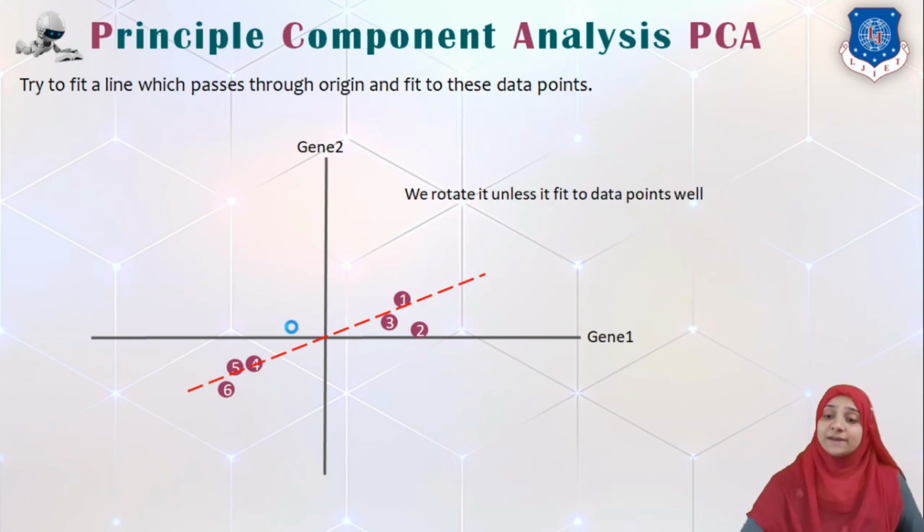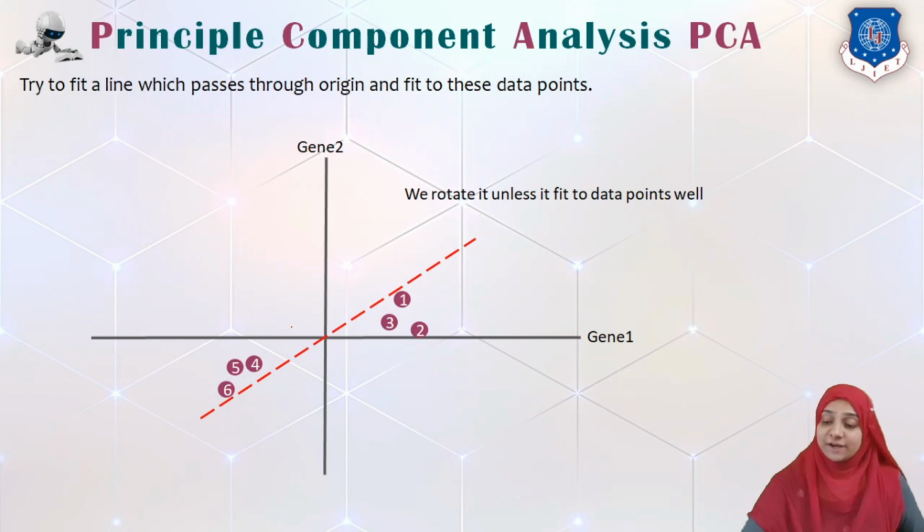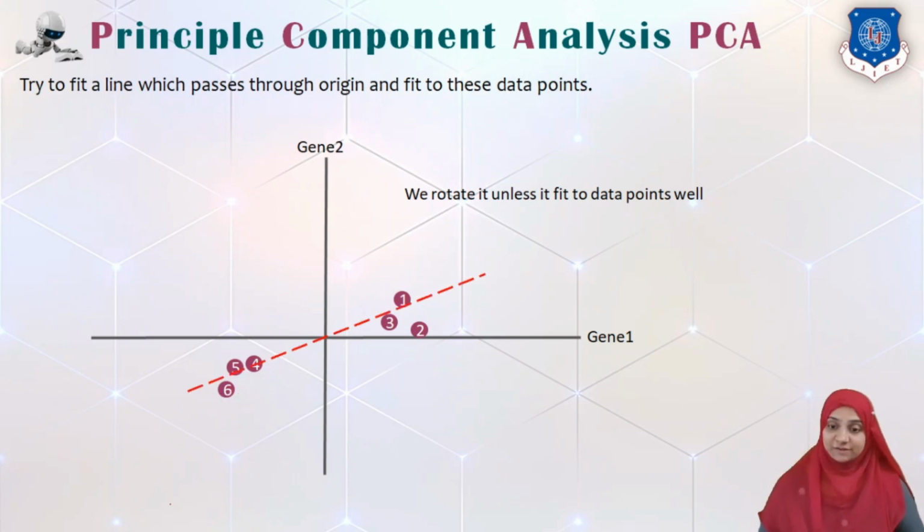Now why do I say this line is best fitted? As you can see, this line is also covering the data, but the best fit line is calculated as follows: if I consider this particular line, the distance from the data points to the line is minimum as compared to other lines.